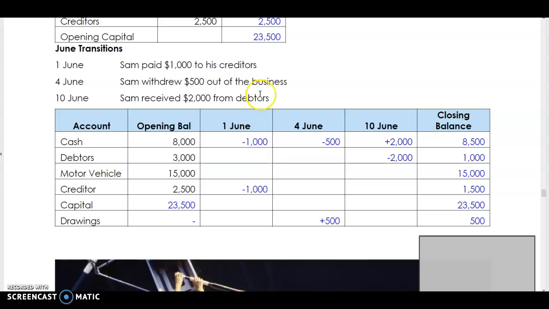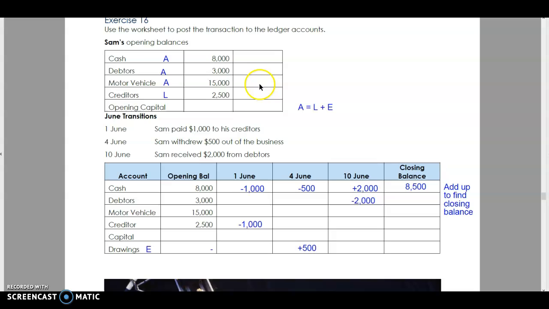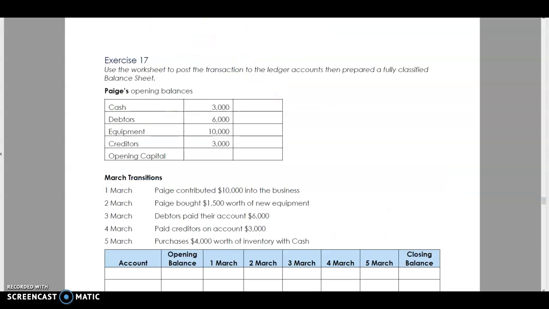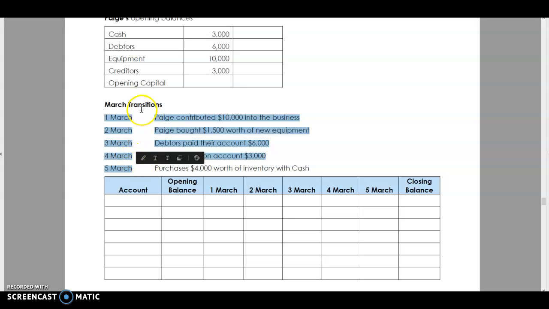From here, let's have a look at exercise 17. I might just go over to this page here. Won't have too much on it. Here we are, exercise 17. We've got some opening balances here. This is Page's books, and these are March transactions for Page. 5 transactions, 5 columns here for those transactions.